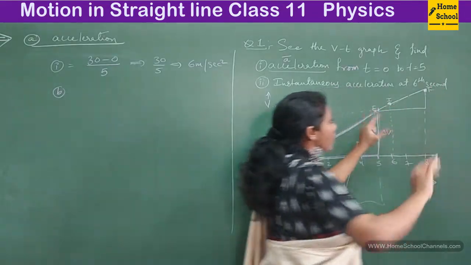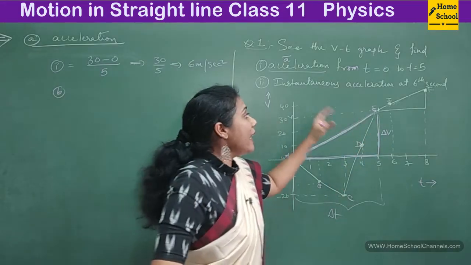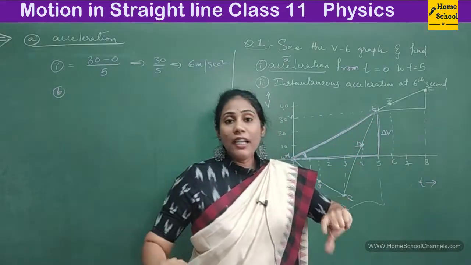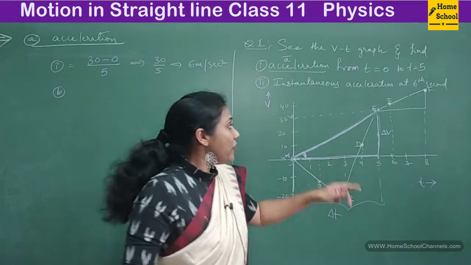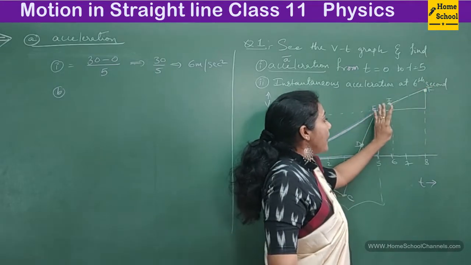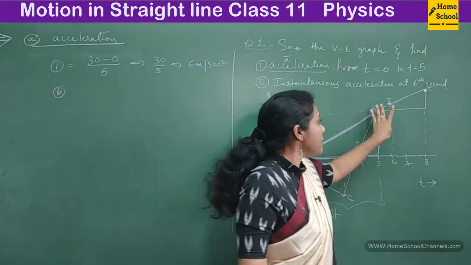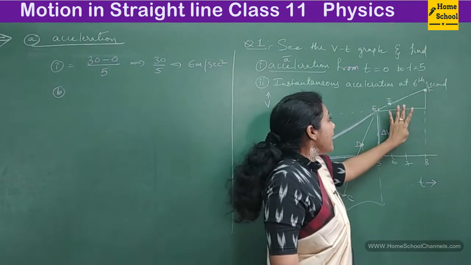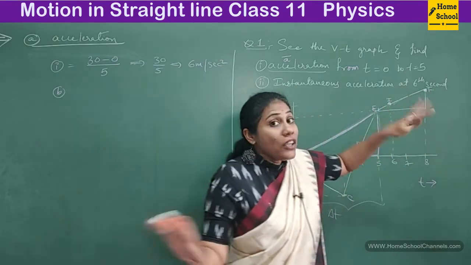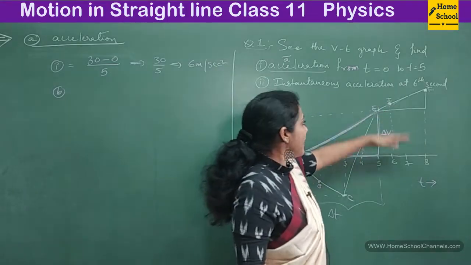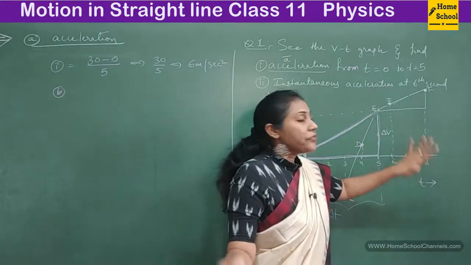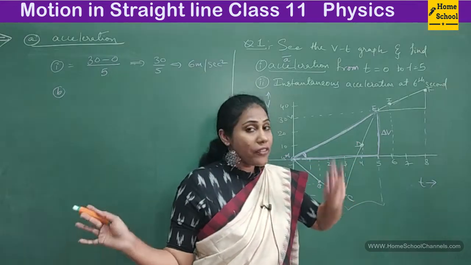Okay, so this is what you have to be very careful about. I made this clear in my previous video also. So when something is a straight line, finding acceleration means it's between 2 points, or finding velocity means it's between 2 points, right? You get the average velocity or average acceleration. Acceleration in case of Vt and velocity in case of Xt.